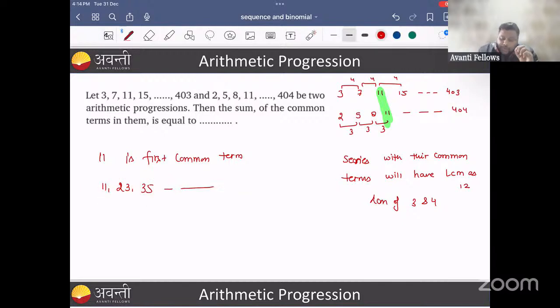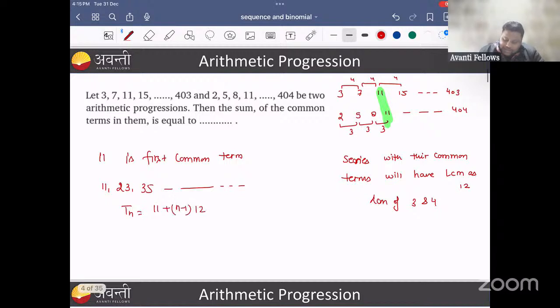Now I need to identify what is the last term, and then we will be able to get the common terms. Let us assume any term is Tn. Tn is 11 plus (n minus 1) into 12.